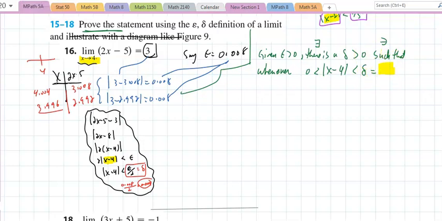In this case, can you guess what we're going to choose? We're going to choose epsilon over 2 because I already did this work. And now you're going to let it flow.